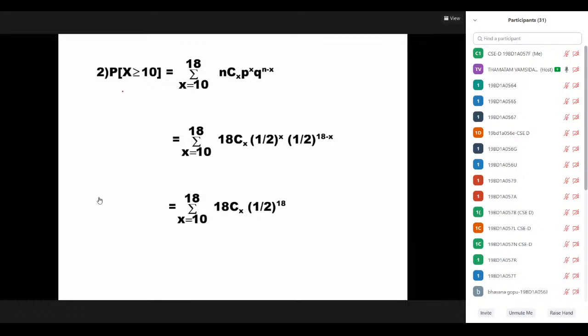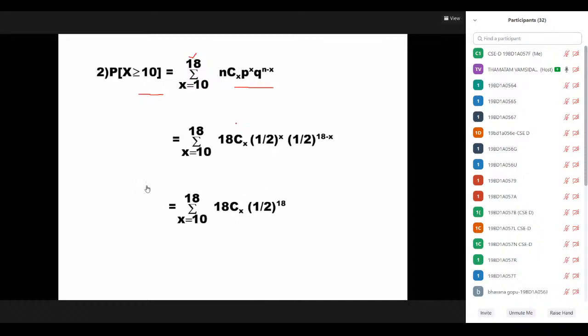For finding this probability, the notation is summation x equals 10 to maximum n, where n is 18, of nCx into p power x into q power n minus x. Now we have to expand this summation and substitute all these values.